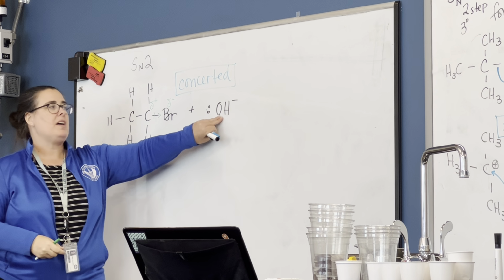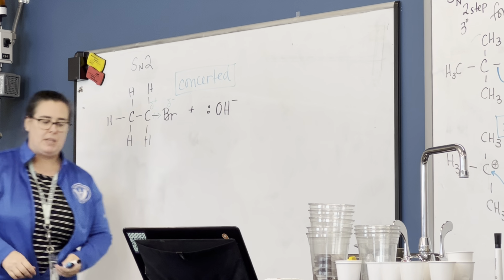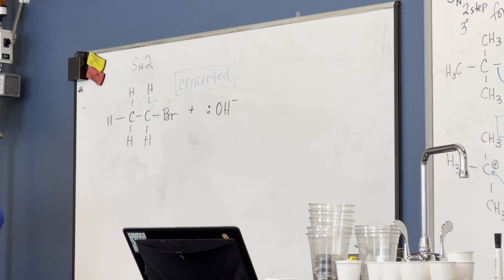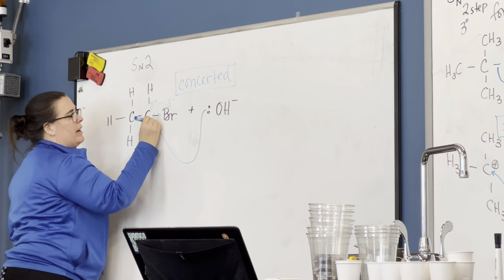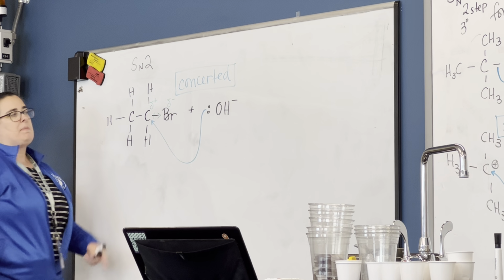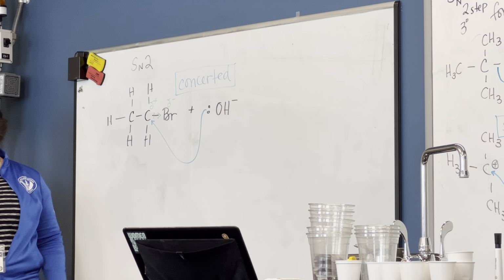So if this hydroxide nucleophile were to come in, where would it like to be? On that carbon that's positively charged. So we're going to draw an arrow from the lone pair on the hydroxide to the carbon.